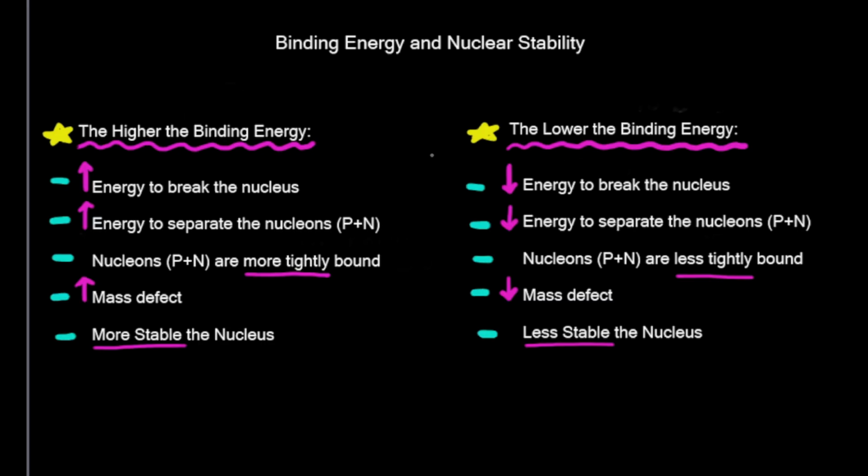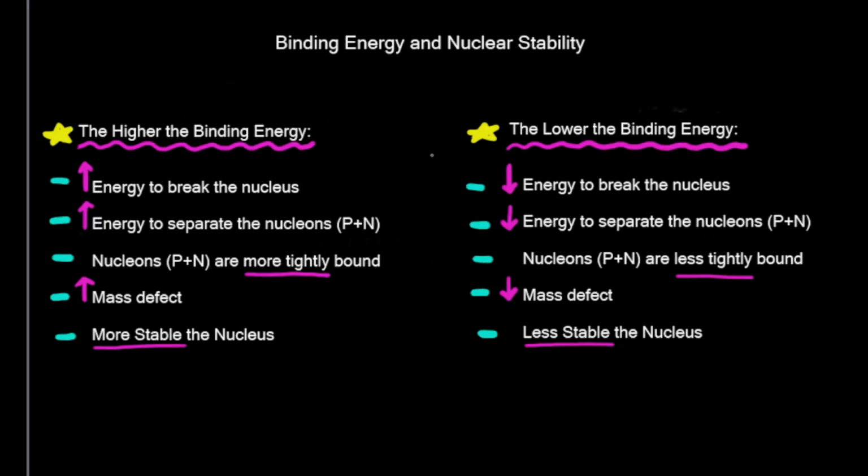The nucleons are more tightly bound when there's a higher binding energy. A higher binding energy translates into a higher mass defect. We're going to discuss mass defect in a little more detail shortly. A higher binding energy also translates into a more stable nucleus.